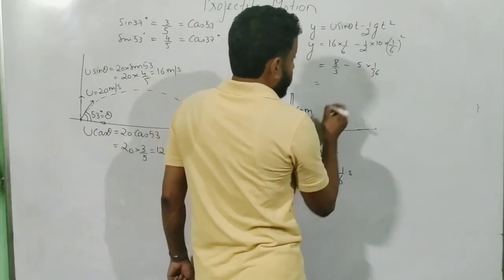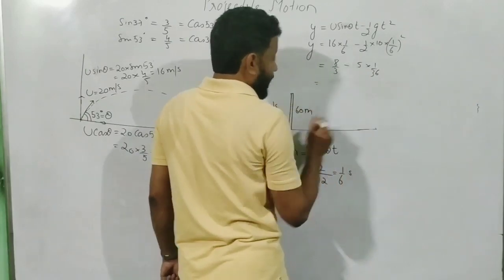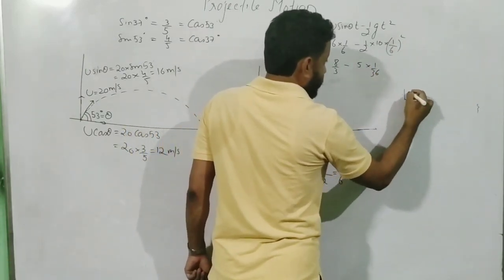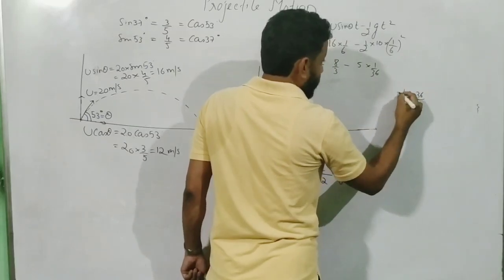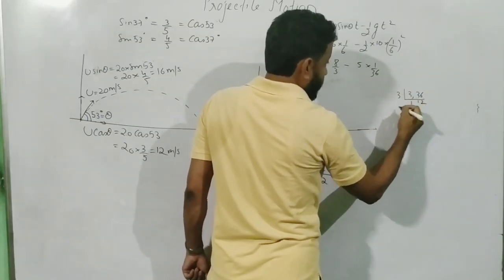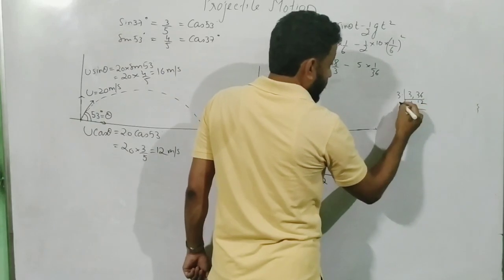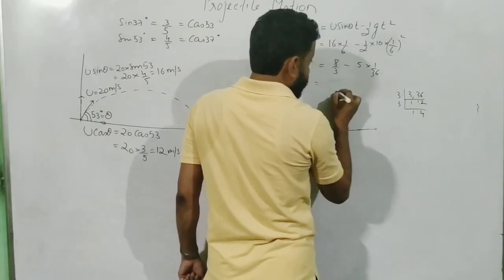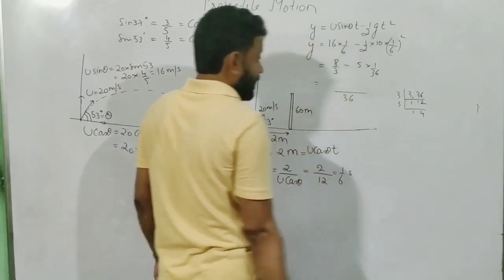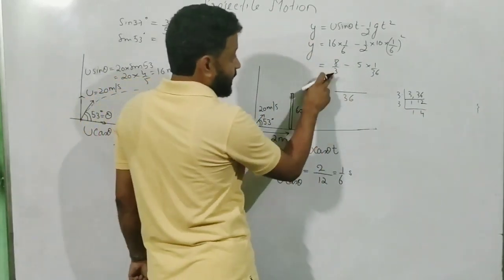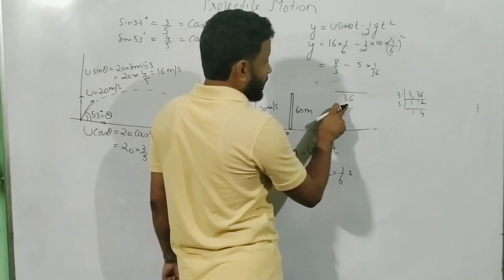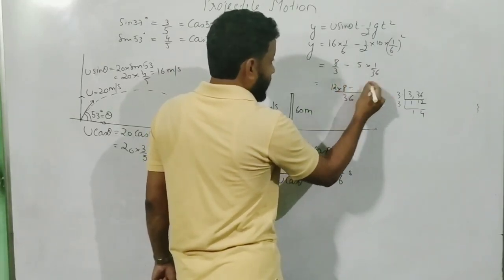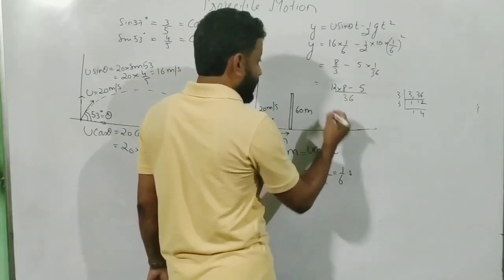If I have to find the LCM of 36 and 3, the LCM is 36. So this will become 12 into 8 minus 5, all divided by 36.